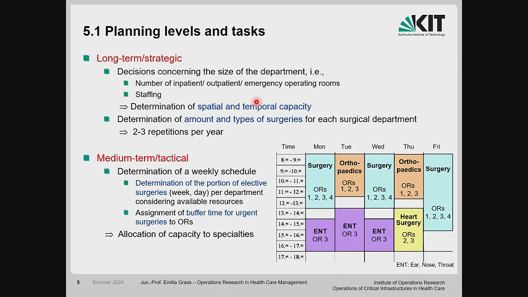So you see here on Monday the nose thread ward gets the time from 10 to 5 p.m., and just orthopedics in the morning on Tuesdays and so on. So the basic task is the allocation of capacity to these specialties, and they all compete with each other.